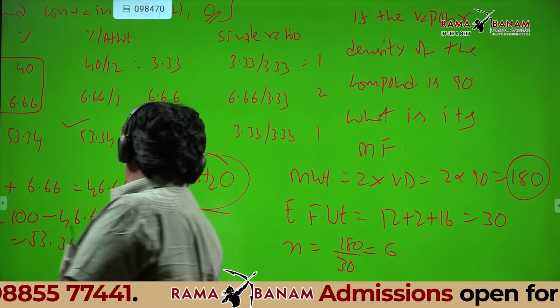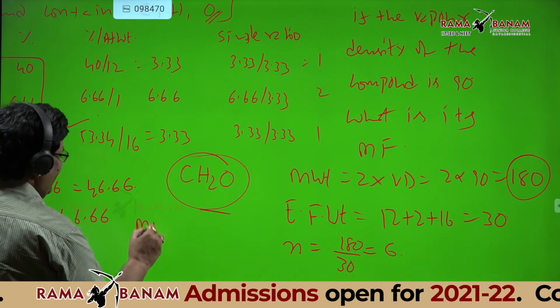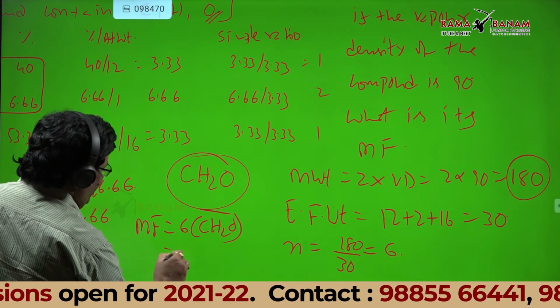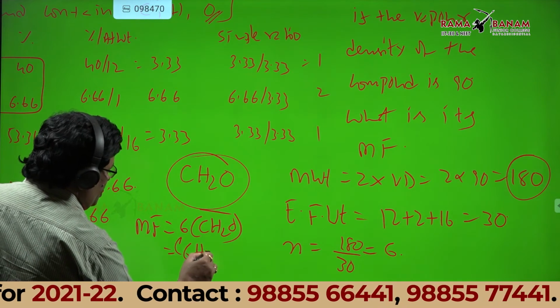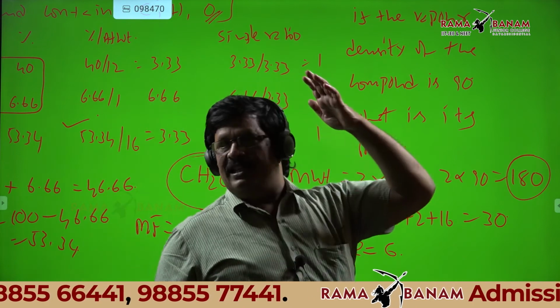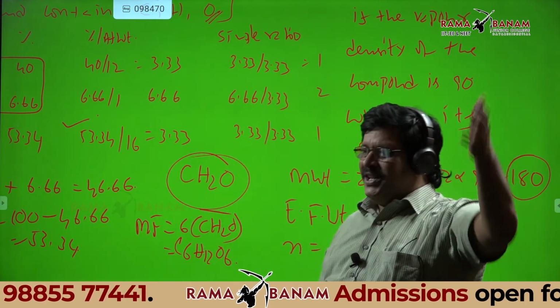Then what is the molecular formula? C6H12O6. That's it. Can anyone tell the name? Glucose, sir. Glucose, that's it.